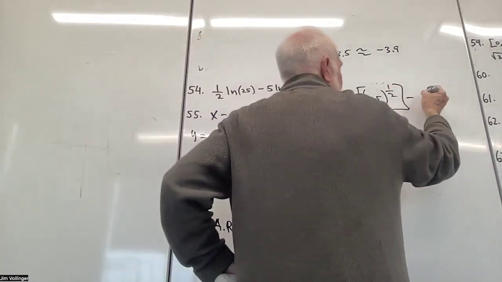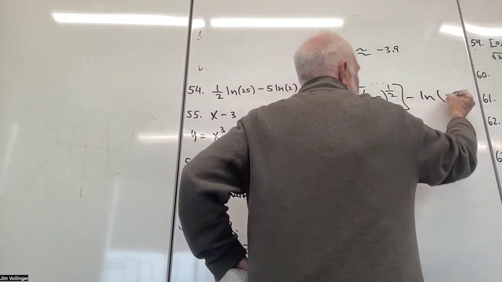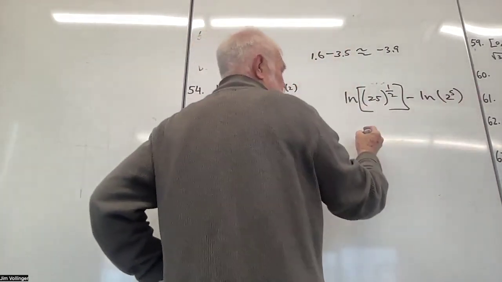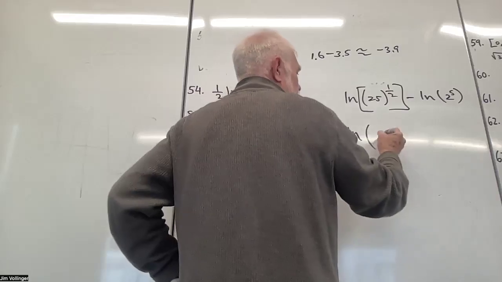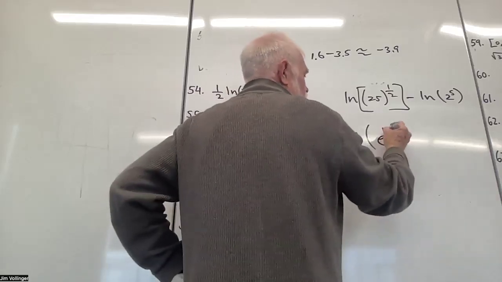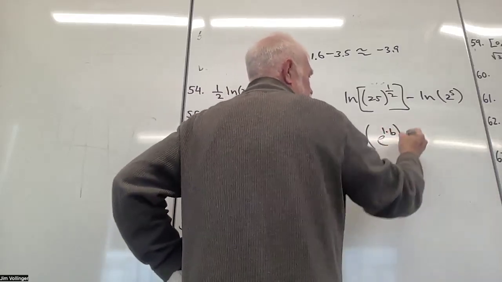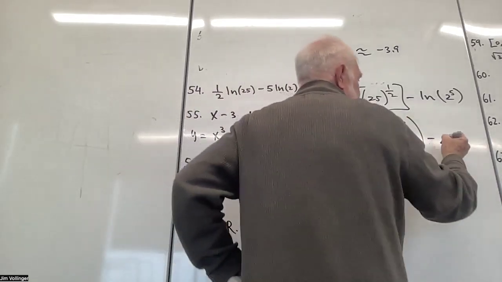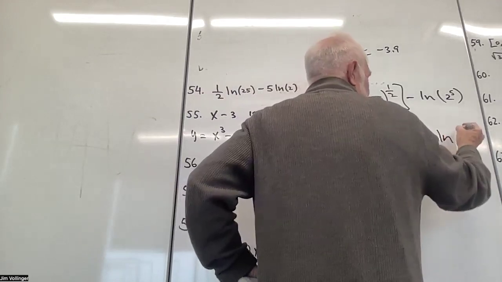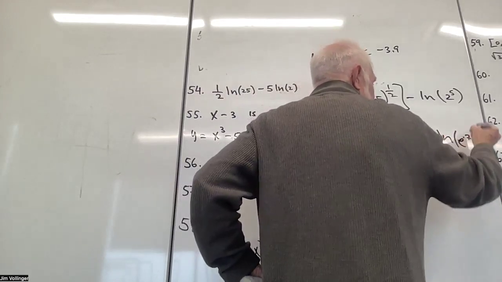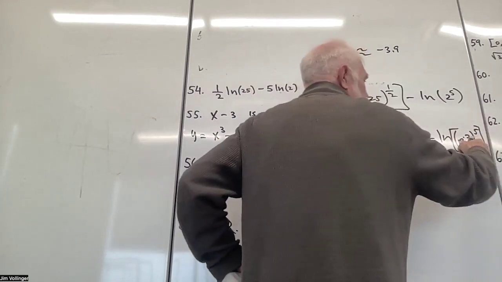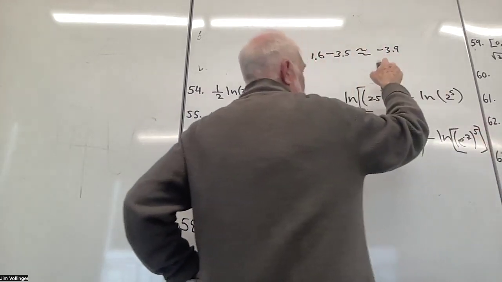We can move the 5 to this location. All right, now we can change this to e notation, the ln of e to the 1.6, and that is hit by the square root symbol, minus ln 2 is e to the 0.7, and that's raised to the 5th power. And what do you do with these exponents? You multiply them.